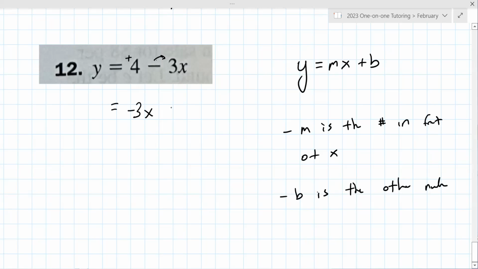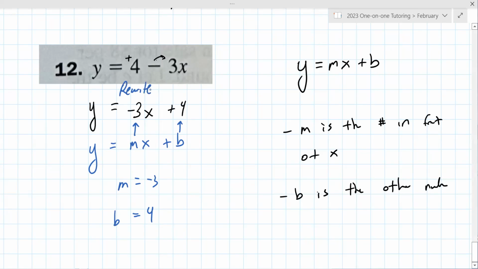The 4 is actually positive, so now it's minus 3x plus 4 like this. Now, if I write the y equals mx plus b underneath, you can kind of see the values right there. m is -3 and b is 4, but you have to rewrite it. You cannot try to do it in its existing form. If you take future math classes, you will do more rewrites. That's just part of this class here.